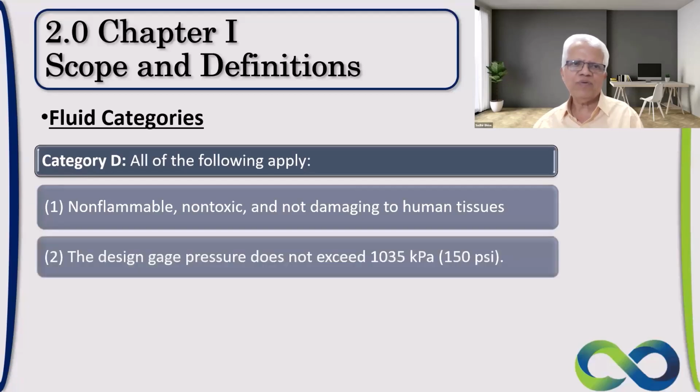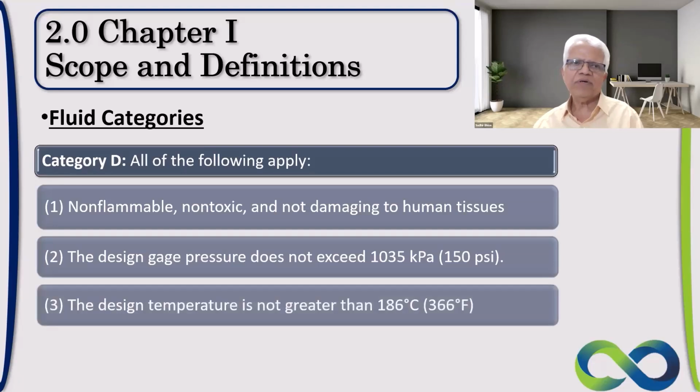Number two, the design gauge pressure does not exceed 1035 kPa or 150 psi, or approximately, let us say, 10 bar. If the design pressure does not exceed this, then it is going to be a Category D fluid. Then it says design temperature not greater than 186 degrees Celsius.